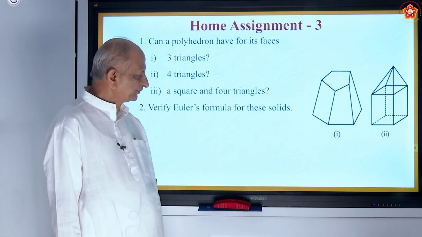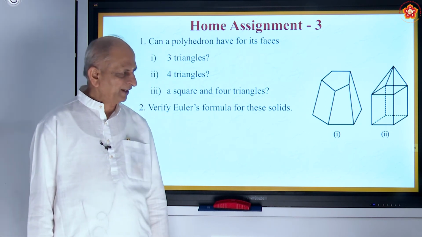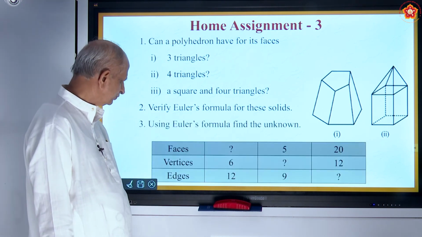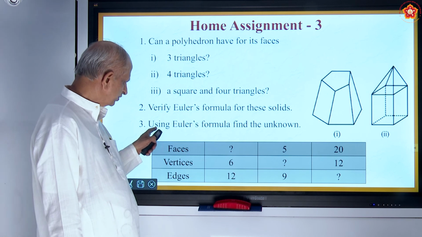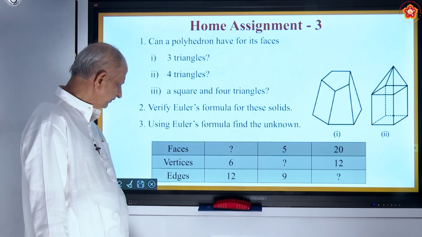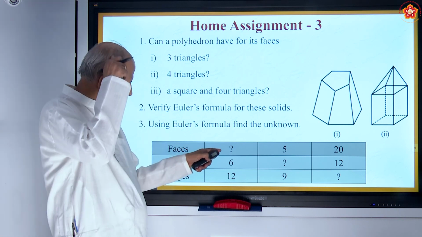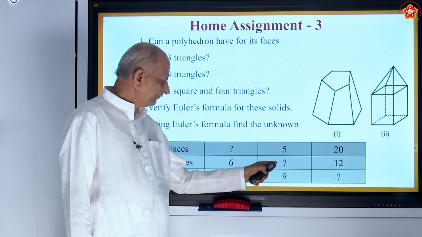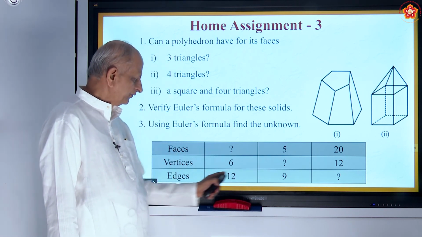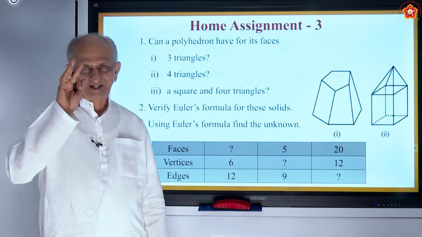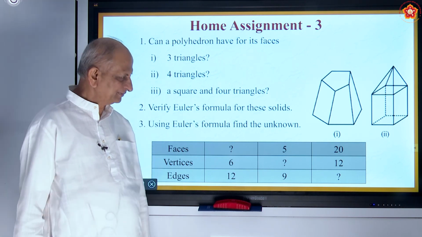You verify Euler's formula by using the formula F plus V is equal to E plus 2. Now last question, using Euler's formula, find the unknown. Here you have to find the number of faces. Here you have to find the number of vertices. Here you have to find the number of edges. So out of 3 items, 2 items are given.